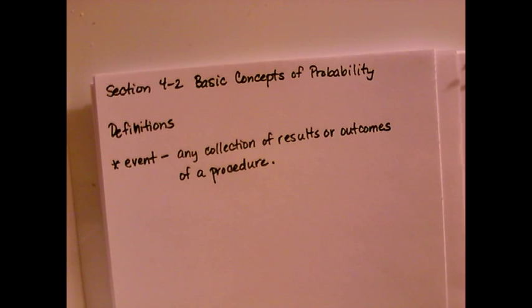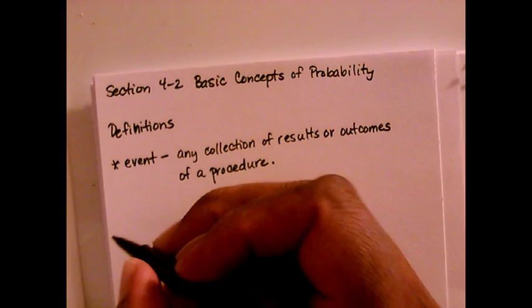Okay. One event, for example, will be getting heads on a fair coin when you toss a fair coin, or rolling a 6 on a fair die. Those are considered to be events. Okay? Because that's a collection of results or outcomes of a procedure.